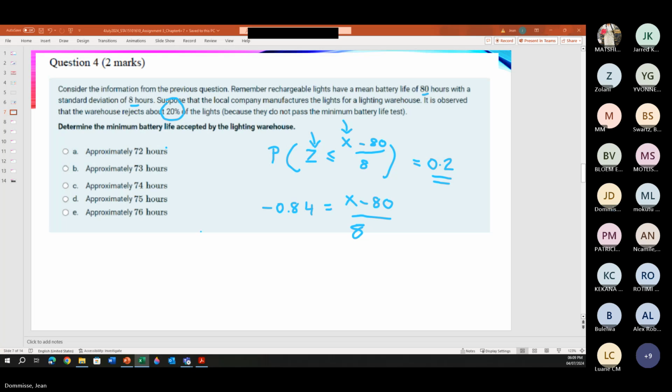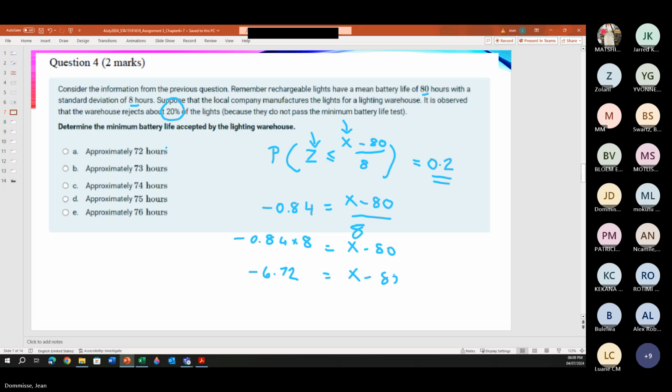So minus 0.84 times 8 is equal to X minus 80. So that is equal to minus 6.72, which is equal to X minus 80.